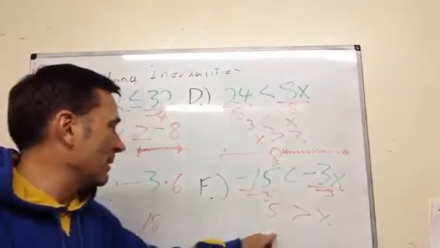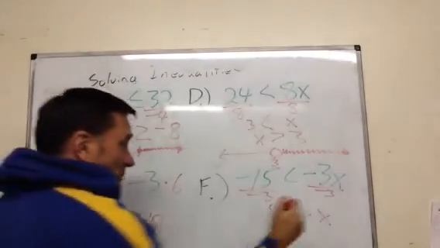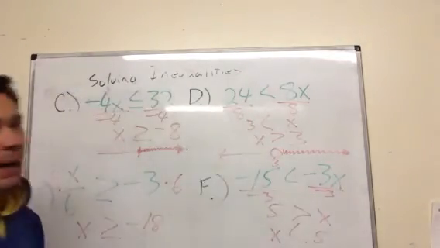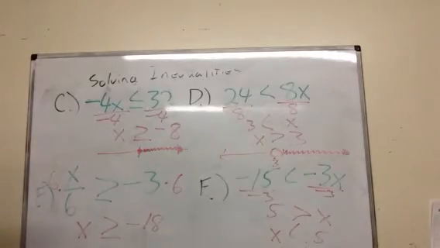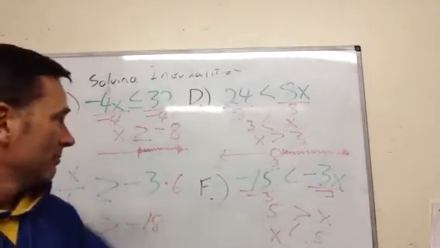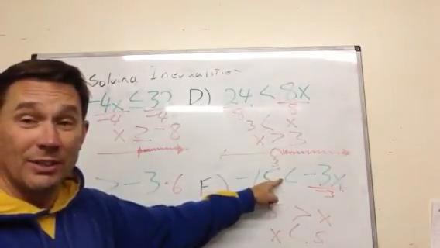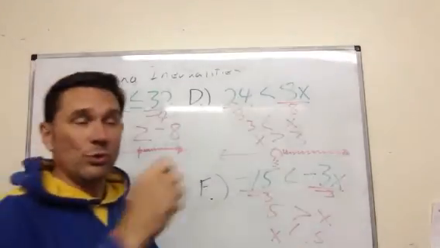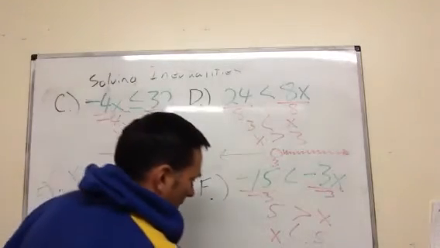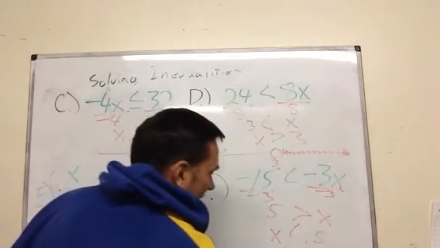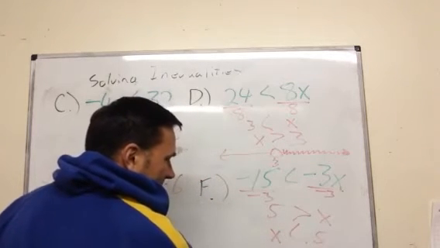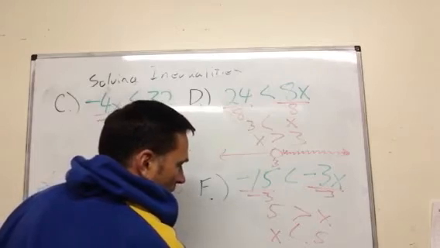But again, we want to flip-flop this to make sure the x is here. So I put x here, the 5 here, and change it back. If you're familiar with playing Uno, this is like a reverse-reverse. It stays going in the same direction. When you throw a reverse down, then the next person throws a reverse down, it stays in the same direction. So again, less than will be an open circle, and because it's less, we will shade to the left.